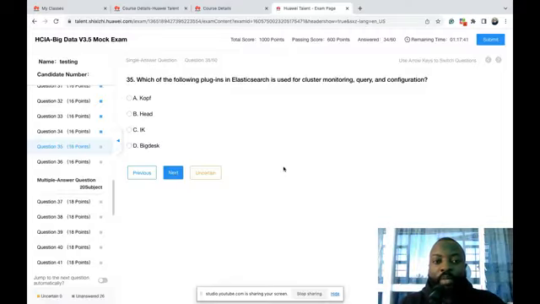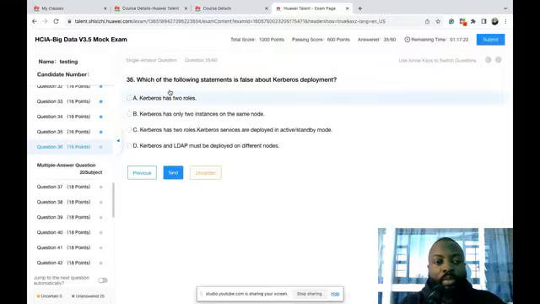35. Which of the following plugins in Elasticsearch is used for cluster monitoring, query, and configuration? Which of the following statements is false about Kerberos deployment?